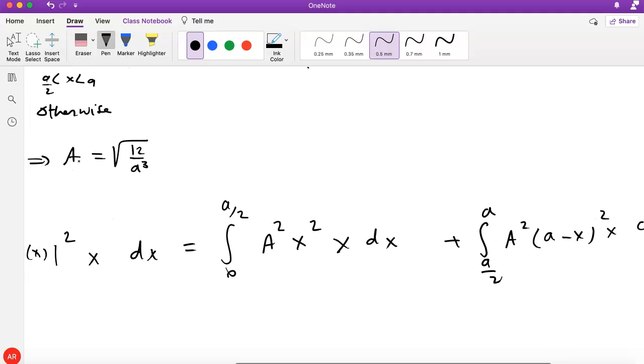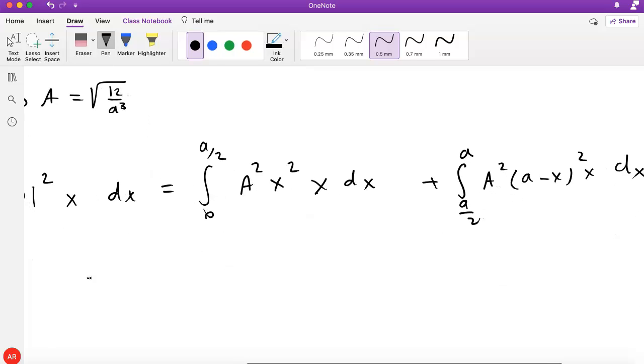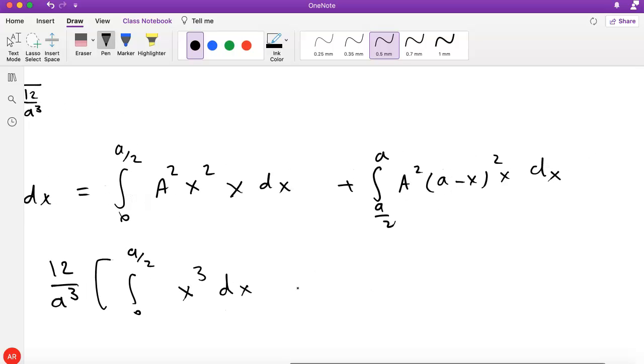And we know that A squared is 12 over small a cubed, so I factor it out. So 12 over a cubed, integral from 0 to a over 2 of x cubed dx, plus the integral from a over 2 to a. Let's just expand that out. So a minus x squared becomes a squared minus 2ax plus x squared, times x dx.